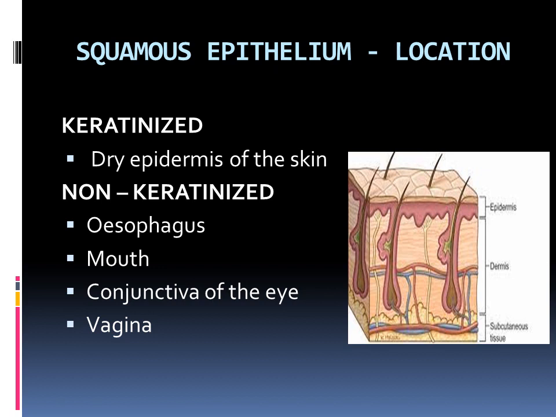Then this epidermis consists of keratinized cells because they are filled with the substance known as keratin. It's a protein. That's why these cells are known as keratinized cells, right? Especially it is a squamous epithelium.